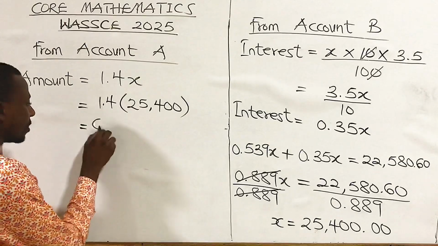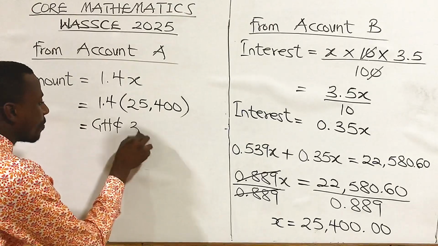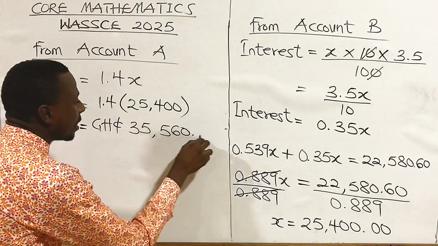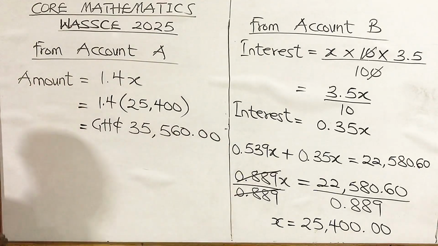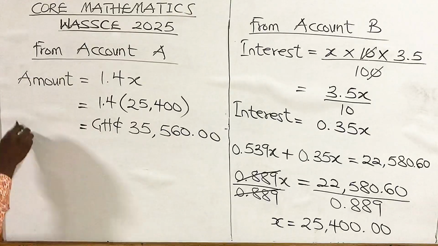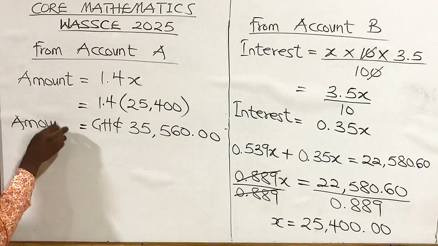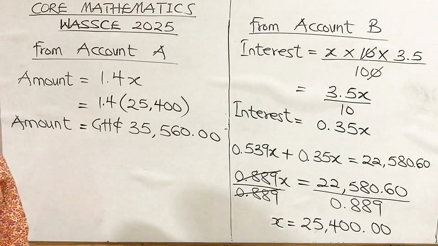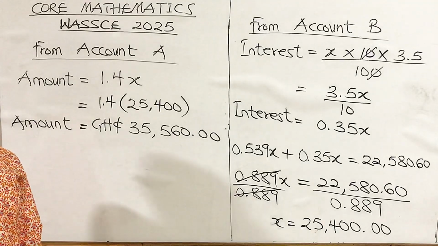We are getting 35,560 Ghana cedis. I hope you had the same answer. Good. So this is going to be the amount invested at 11%.